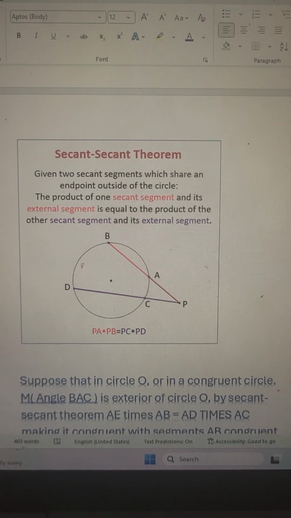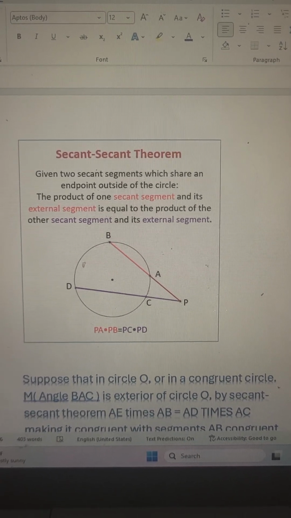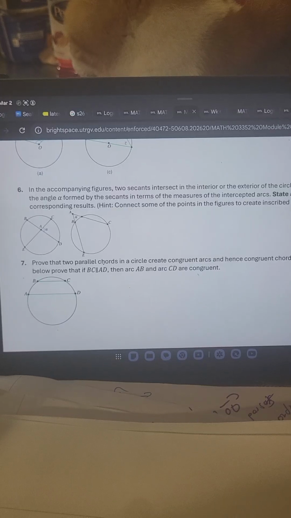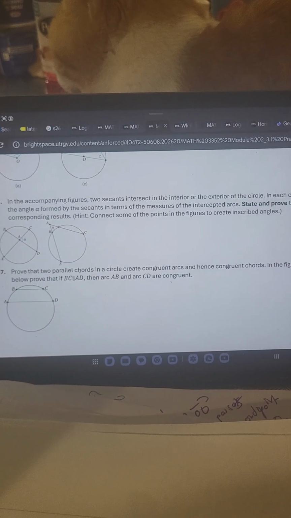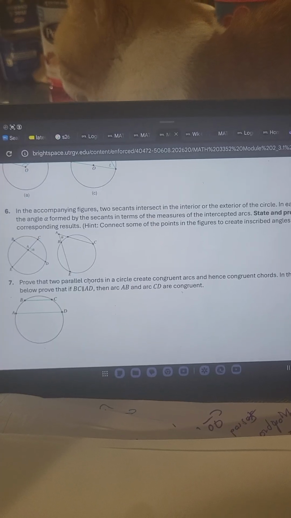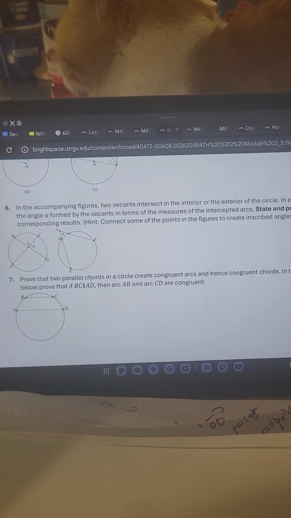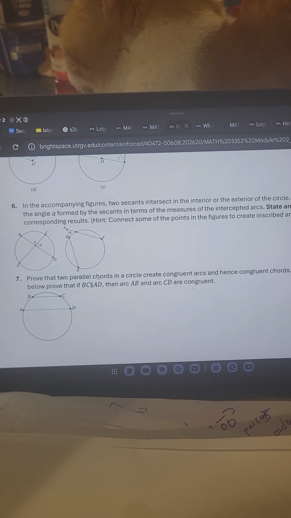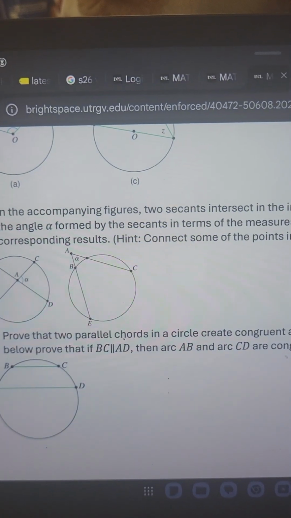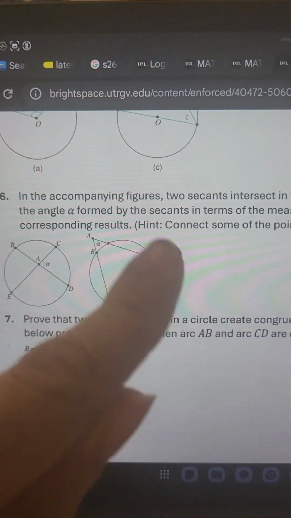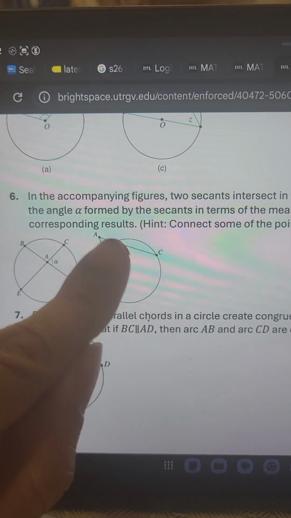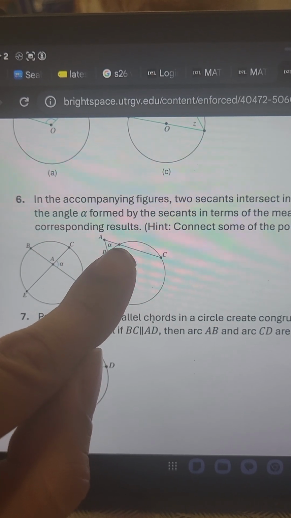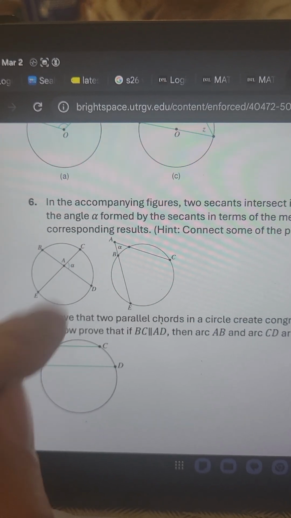In this case, PA times PB equals PC times PD. So going back to the question, they want us to find and prove the angle alpha. I'm sorry, right here they want to get the measurements of this angle here and over here.